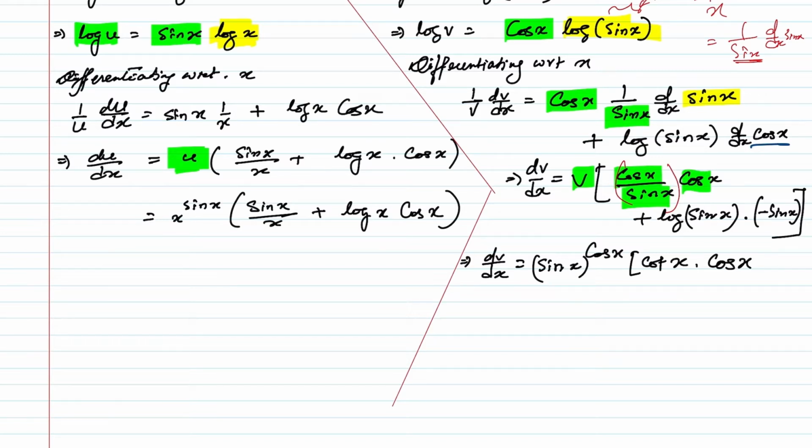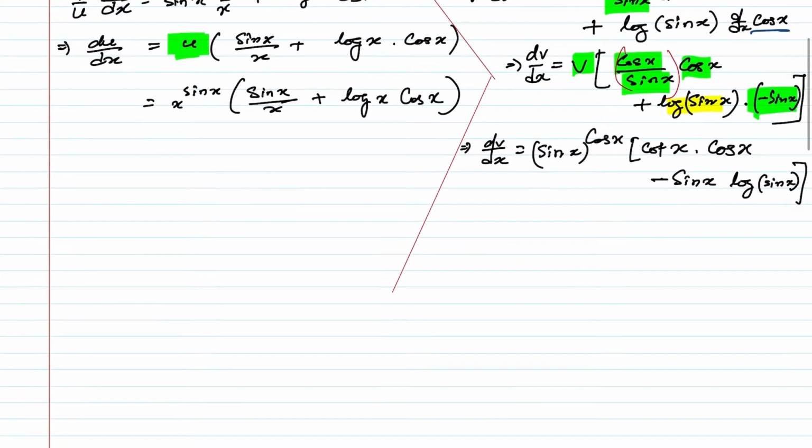Now minus sin x log of sin x. So I have written this function first before log of sin x. Okay, so from here that's dv by dx, we can keep it here. So now how to find dy by dx?